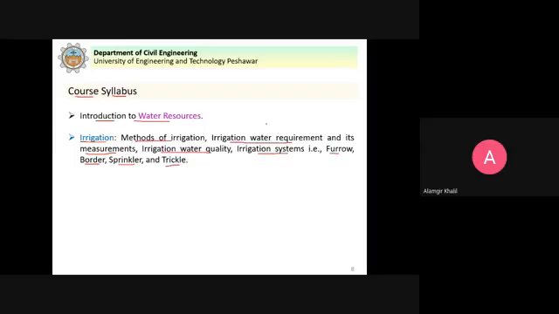For example, for different crops, how much water they need. Crop water requirements, so very briefly, we will discuss that. Similarly, the irrigation water quality, you already studied in environmental engineering about the water quality. And these irrigation systems, so we will briefly explain.